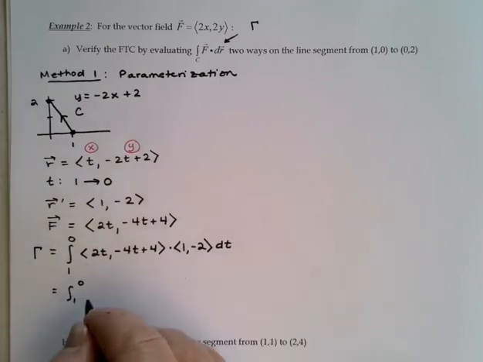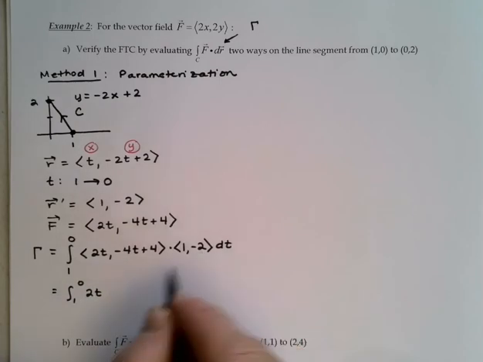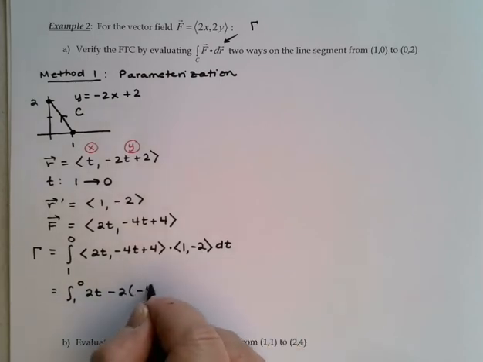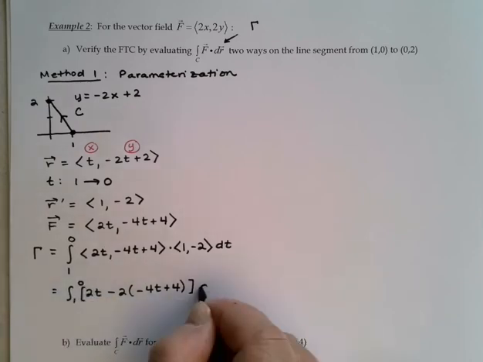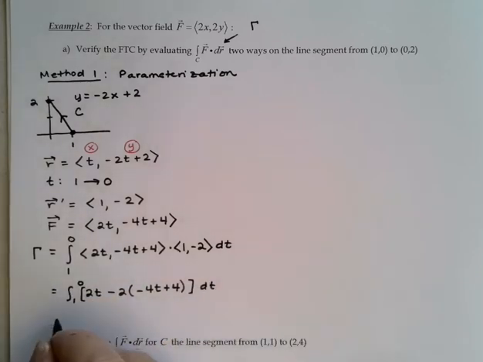So let's see, I'll get 2t, and then I'll get a -2 times -4t plus 4. And again, you can do the algebra, you can put it in the calculator just like this, whatever. I'm going to end up getting 3 when I integrate that.